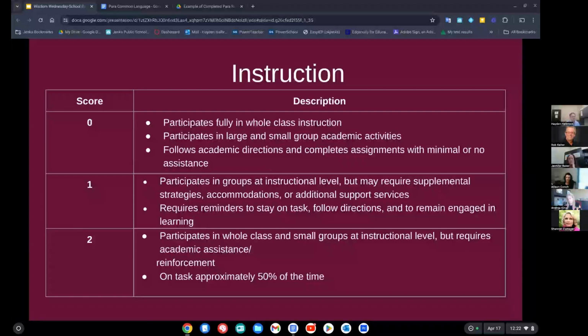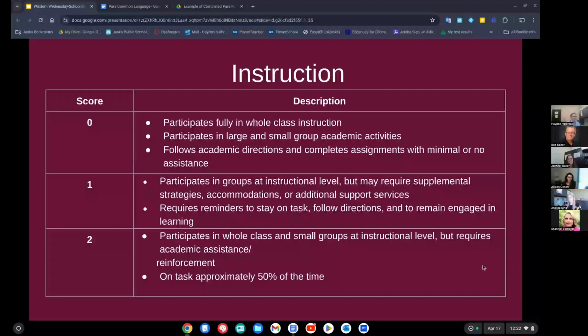Also, if you're deciding based on the general ed classroom, maybe their least restricted environment would be more time in the sped classroom, not necessarily a para. So I think it's key, good point, Hayden's saying it's least restricted environment, because if you don't base it on that, then a lot of our kids going into general ed are going to need a para, and actually what they need is more time in sped. So you have to look at that. They could go either way on that. Okay, so whatever is their appropriate placement.